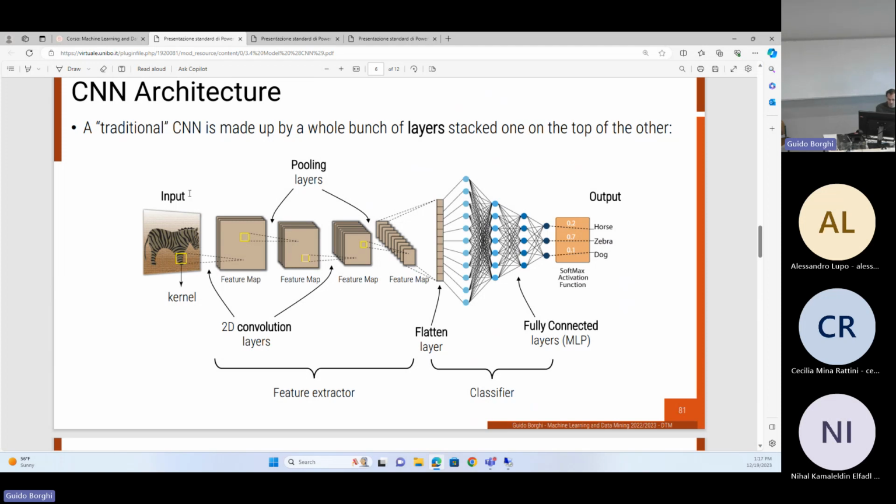So in this case, for example, the input is a zebra, and you can see that in output we have the zebra with 0.7 probability, and the output is correct, since it represents the class contained in the input image.